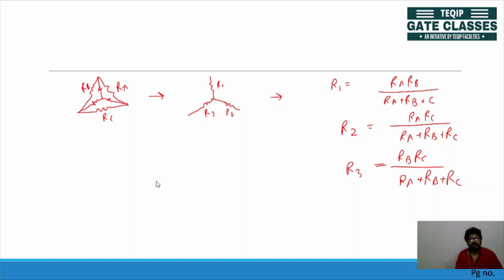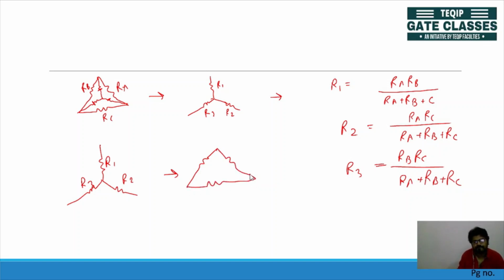Okay, or if we are converting star into delta, means we have R1, R2, R3 here, we are converting into delta with values, let's say, RA, RB, RC. So here in star to delta, the numerator will be the same.